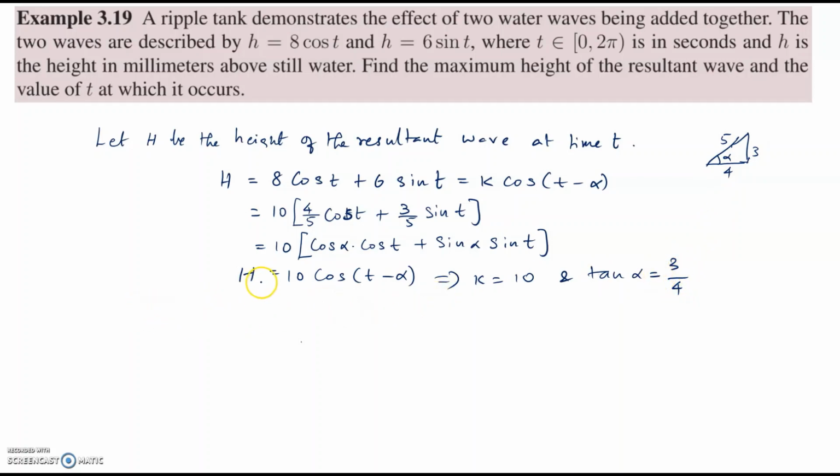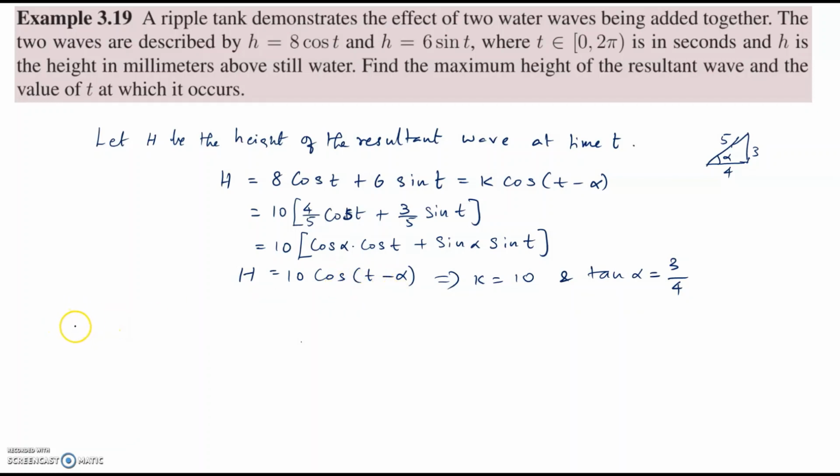Therefore, since this is our new function which describes the height of the wave, the highest point that it can have is when cos(t minus alpha) takes the highest value. Cos(t minus alpha) will take the highest value of 1. The cosine curve will take the maximum value of 1 when the angle is 0 degrees.